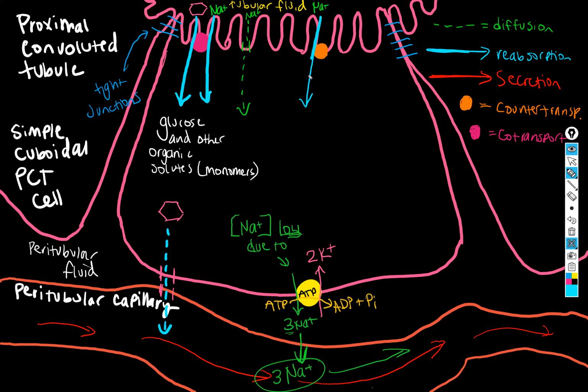So I'm going to make this arrow a little bit thicker, and then we're going to use the red one to say we are secreting whatever this is. And the thing that it is a proton. So remember, protons are units of acidity. So we've talked about the blood buffer system and the role of respiration in managing that.